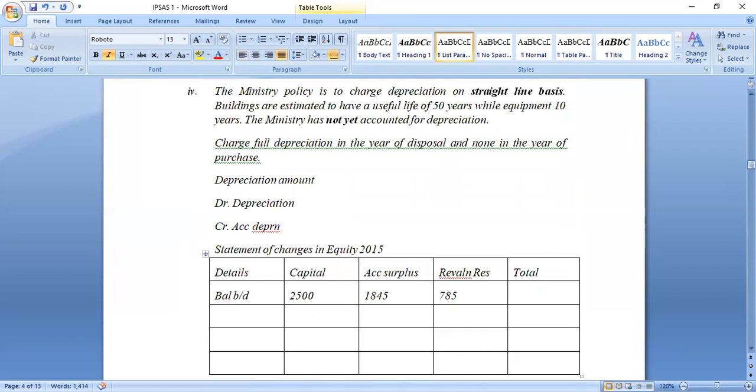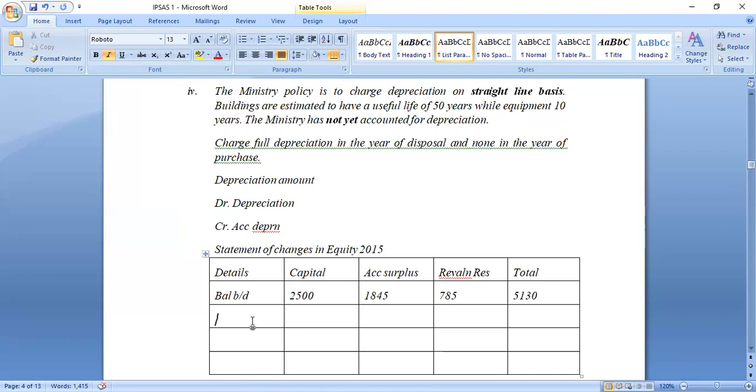Let me just add for you: 2,500, add 1845, then add 785. We have a total of 5130. Then on this, you add any changes that happen during the year.